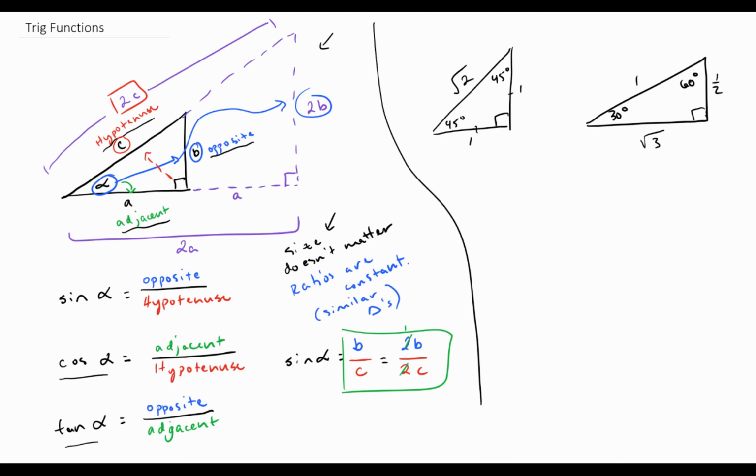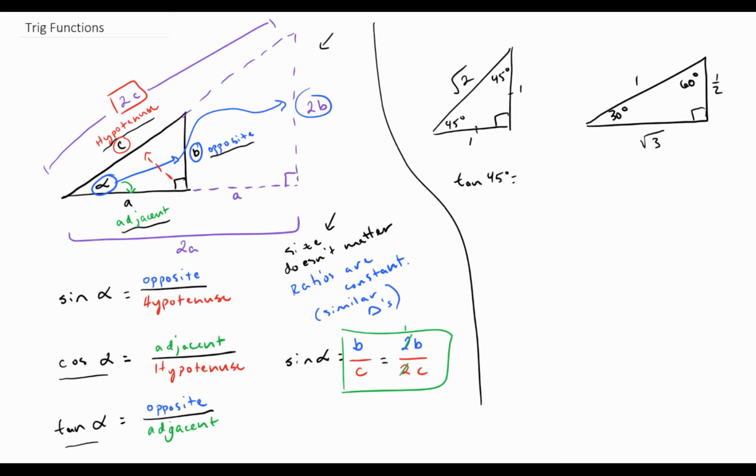So now let's look at the tangent ratio of both of these triangles and see if changing the angle will affect those ratios.